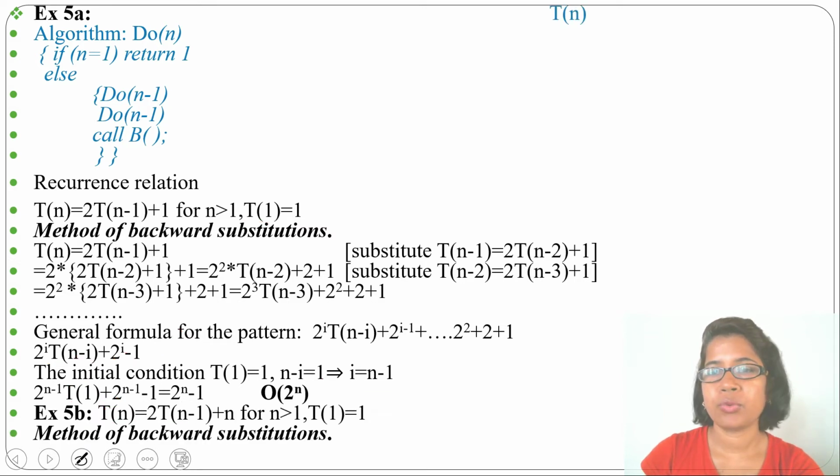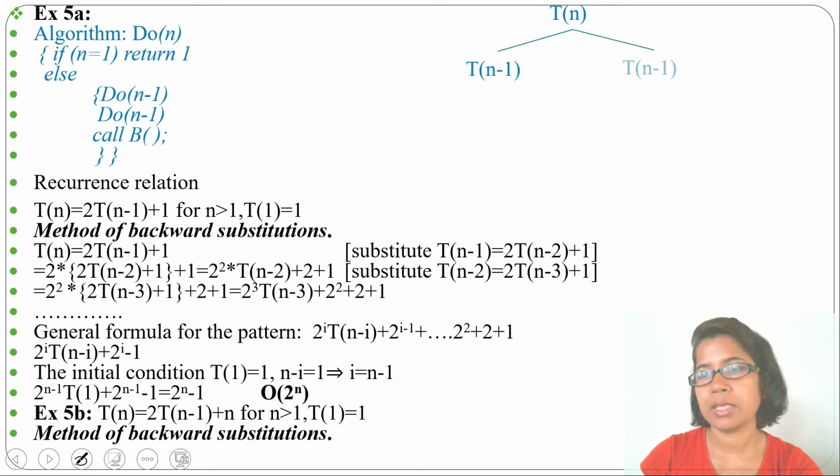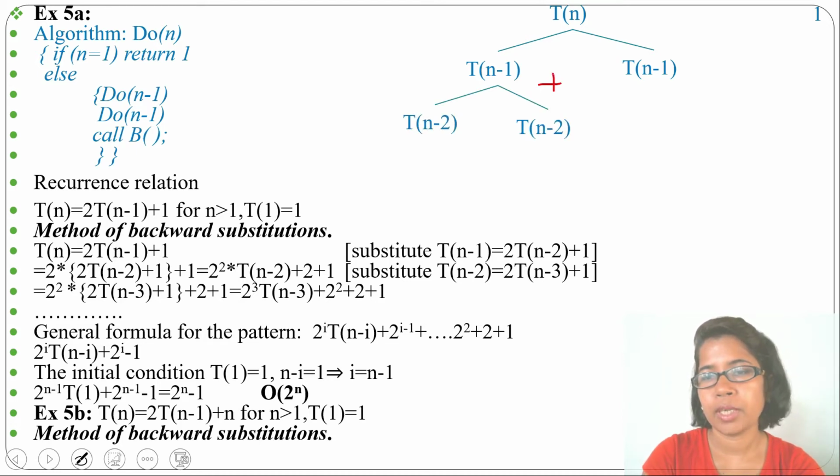Now the time for Do(n) will be the time for Do(n minus 1) plus the time for Do(n minus 1) plus 1. So the time T(n) will be T(n minus 1) plus T(n minus 1) plus 1, so I'll write 1 here. Next, the time for n minus 1 will be the time for n minus 2 plus the time for n minus 2 plus 1.